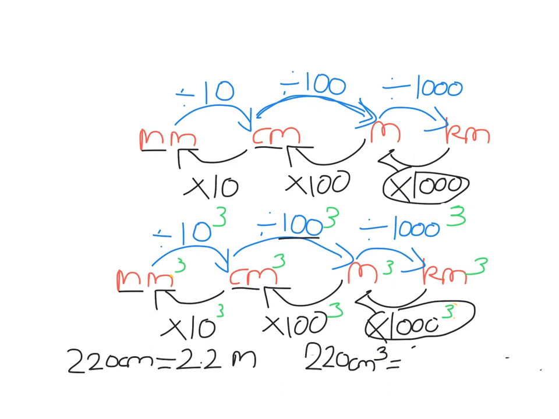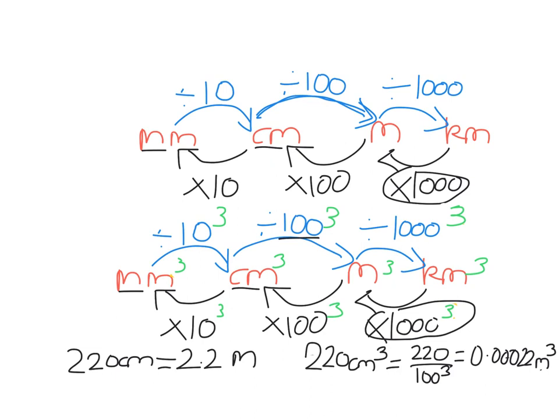So I don't cube the 220, I only cube the conversion factor there. And then the answer I get is 0.00022 meters cubed, okay? So there are heaps and heaps of centimeters cubed. Turns out there are, again, 1 million centimeters cubed in a meter cubed.